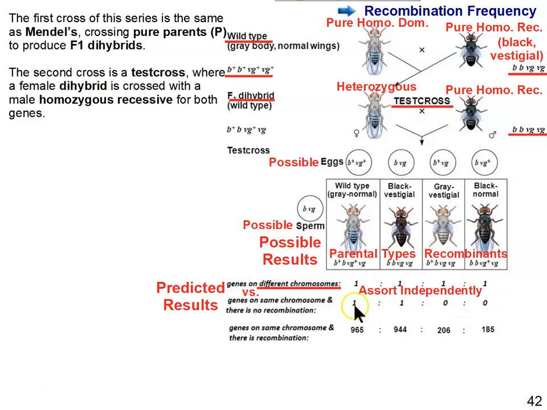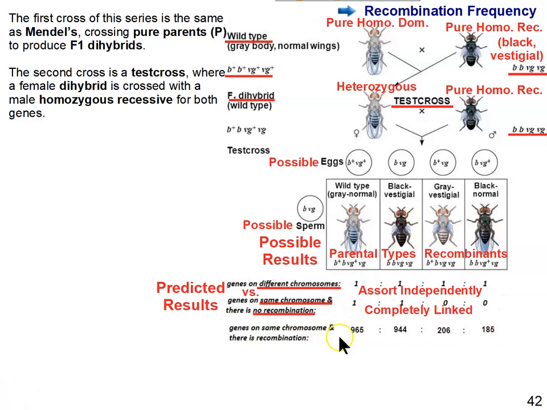If they're on the same chromosome and there's no recombination at all, that would be a recombination frequency of 0, then we would expect only parental types, no recombinants, because the recombination frequency is 0. So it'd be a 1 to 1 to 0 to 0 ratio. And that would be a situation where they are completely linked, 100% linked.